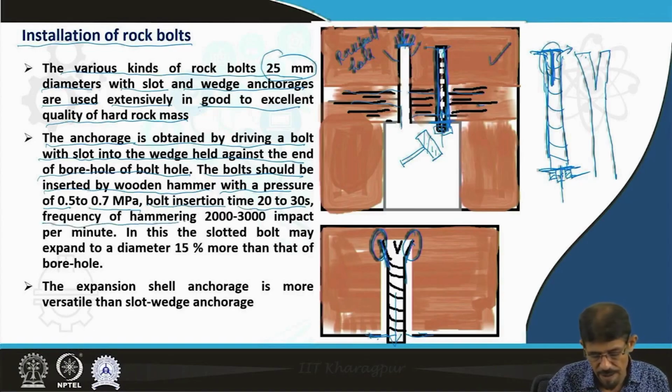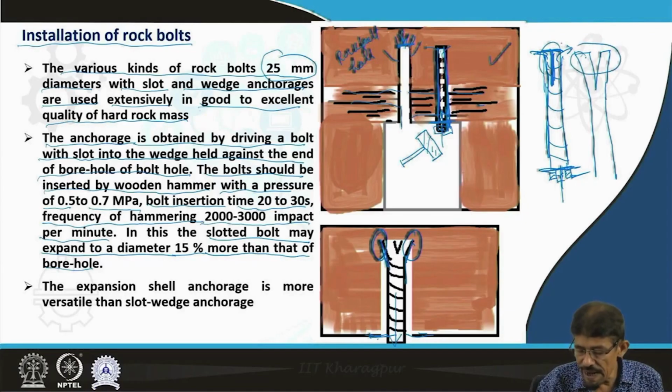Frequency of hammering is 2000 to 3000 impacts per minute, and lower frequencies we also practice. In this case, the slotted bolt may expand to a diameter 15% more than that of the borehole. It starts tightening and makes close contact with the walls of the hole.